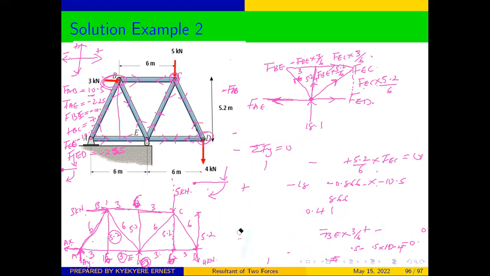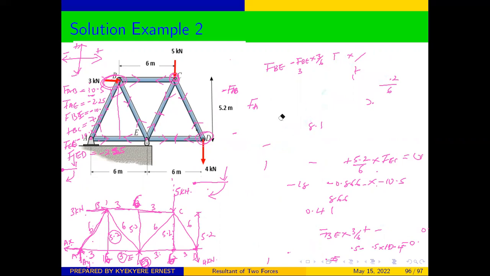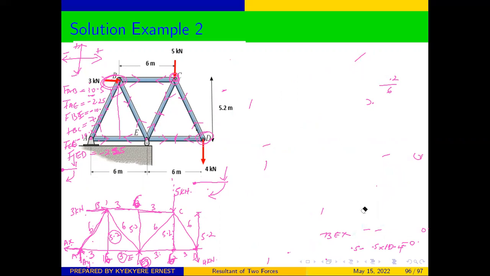We bring our question to an end, and we check how to go about it. We want to lastly analyze joint D, and then we see what we are getting from there. Therefore, let's draw the free body diagram for joint D and do our analysis.